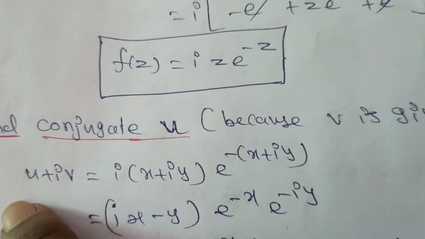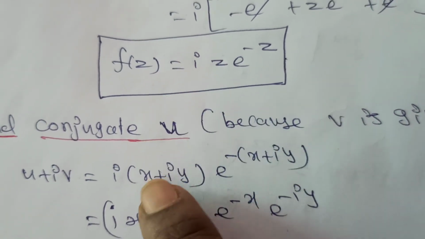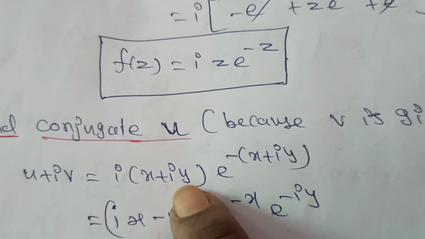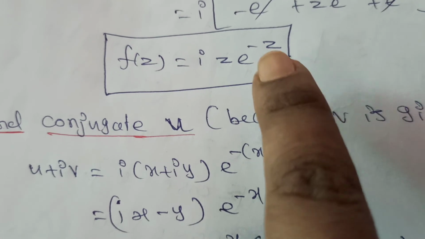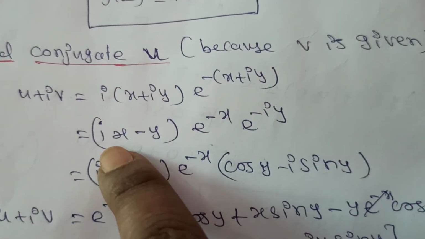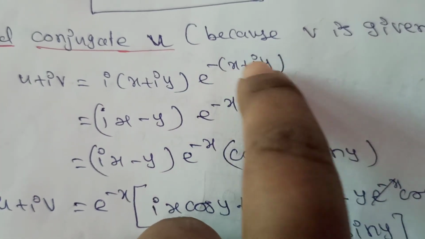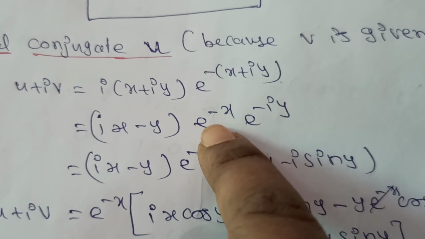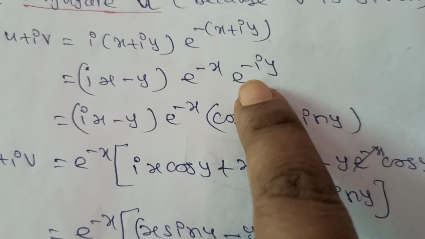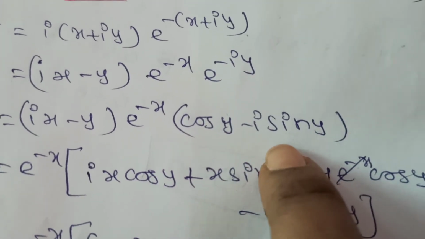You know the formula: u plus iv equals I into z, substituting z as x plus iy, into e power minus (x plus iy). Multiplying I inside: ix minus I square y, and separating, e power minus x into e power minus iy. Using the formula, e power minus iy is cos y minus I sin y.